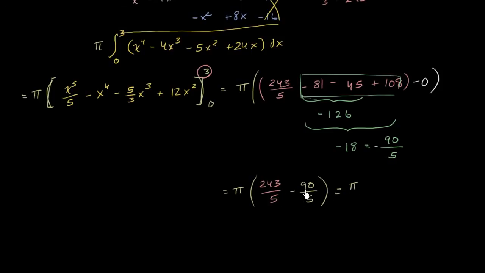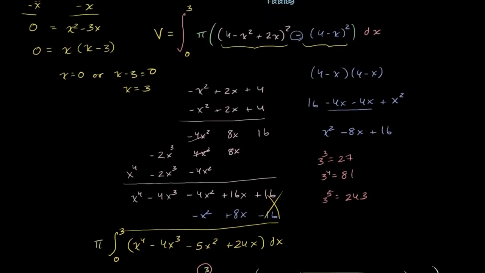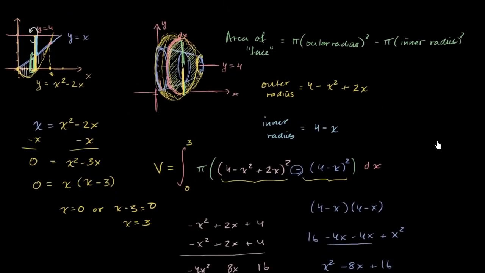So 243 minus 90 is going to be 153. 153 over 5. Or we can write this as 153 pi over 5. And after all that math, you sometimes forget what we were doing in the first place. We were figuring out this right over here is the volume of this figure that had this little inside of it bored out.